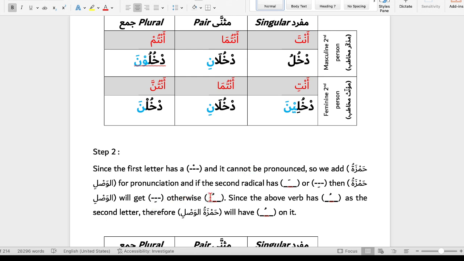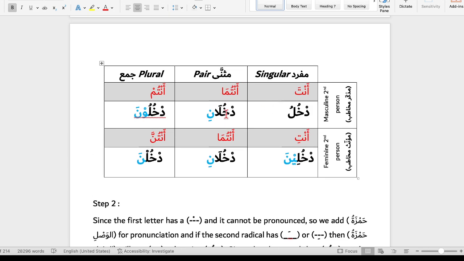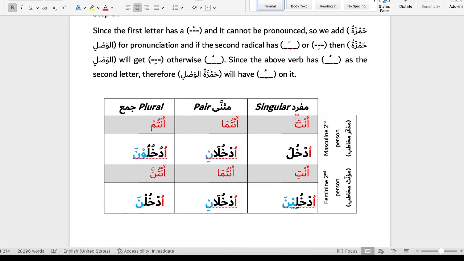Here the second letter is kha, which has u. So in the next step hamzatul wasl or alif is added with u: udkhulu, udkhulani, udkhuluna, udkhulina, udkhulani, udkhulna.